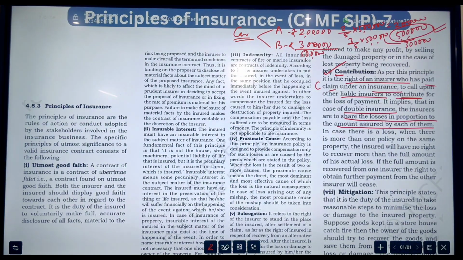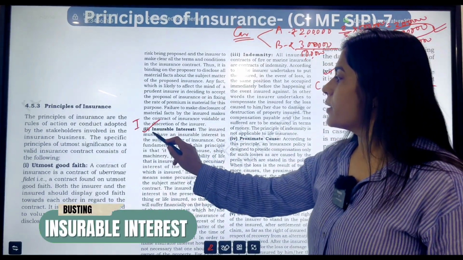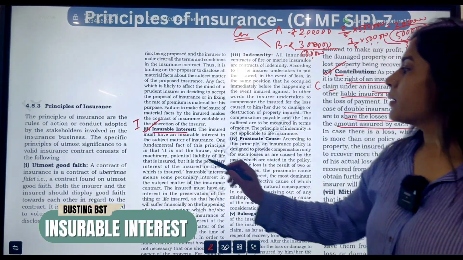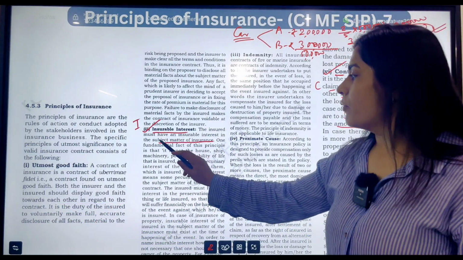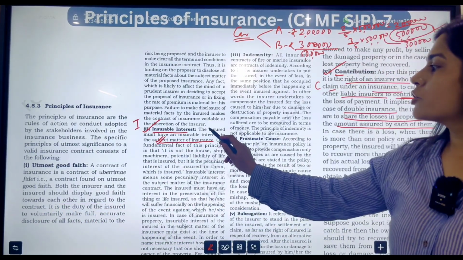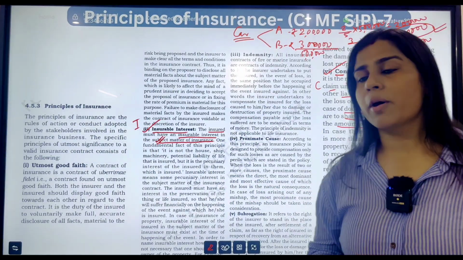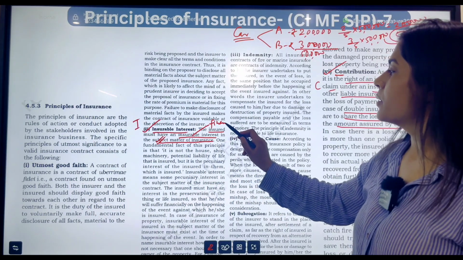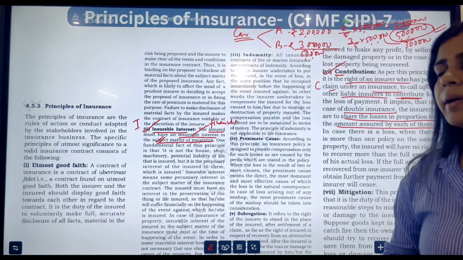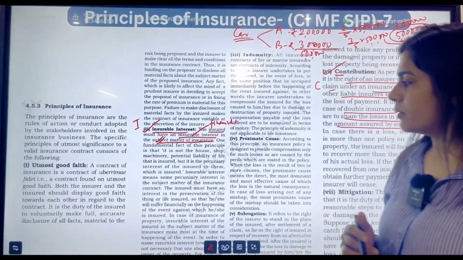Now the next principle is that of I, insurable interest, where it is said that whichever is the subject matter of insurance, the insured must have an insurable interest in that. Now what is insurable interest? It is nothing but financial interest, or we can call it monetary interest, in the object which is getting insured.